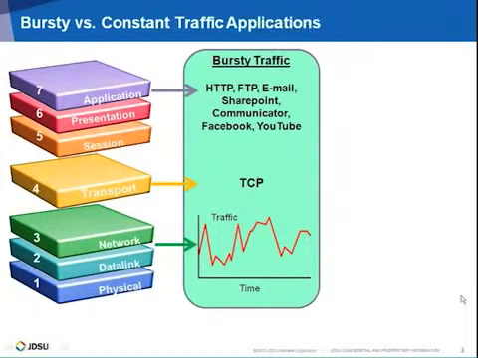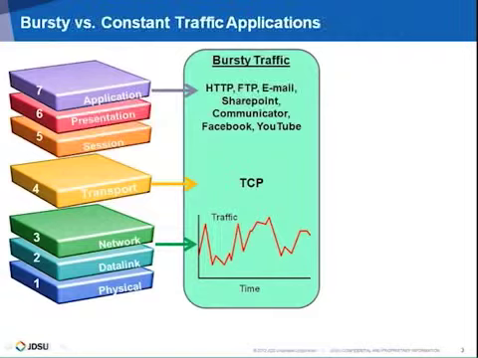All of these applications produce bursty traffic, and they're all transported over the network using TCP in the transport layer 4. Now, TCP by nature is going to produce bursty traffic at the layers below it, at layers 3 and 2 in the network.